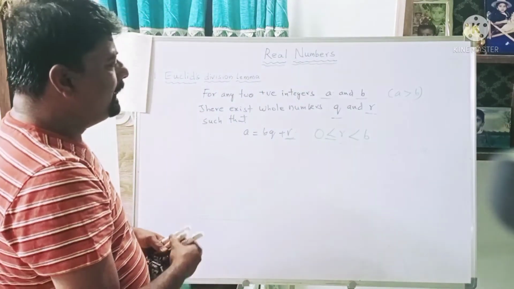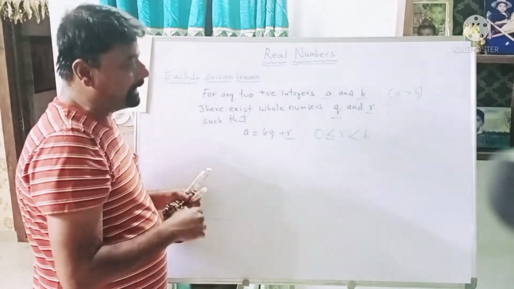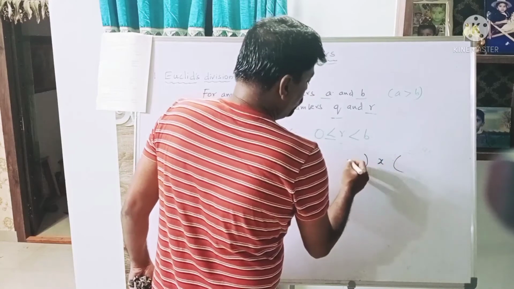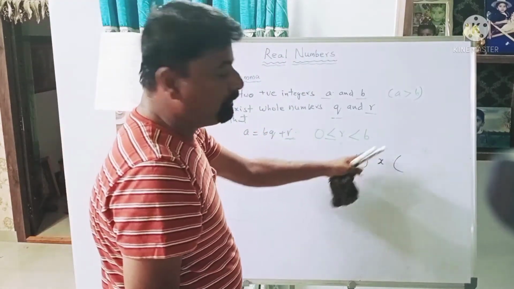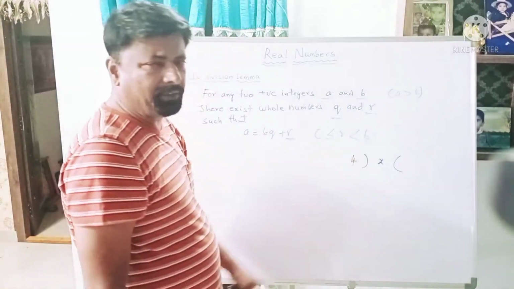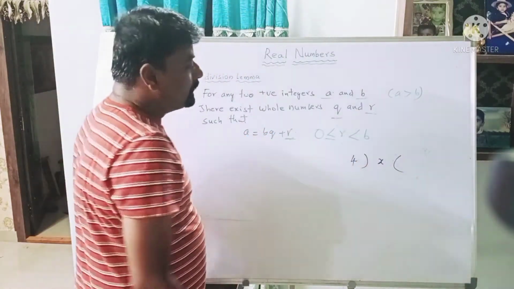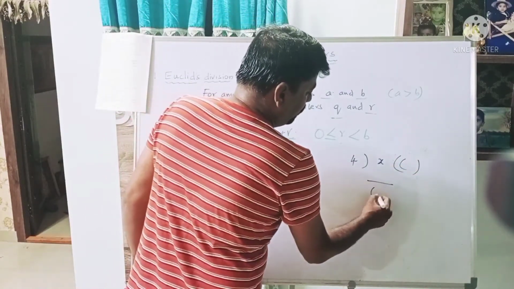You see, this is a very simple thing. When a number is divided by something, for example, if x is divided by 4, whether x is a positive number more than 4 or less than 4, whatever it may be, 100% you will get one quotient and one remainder.